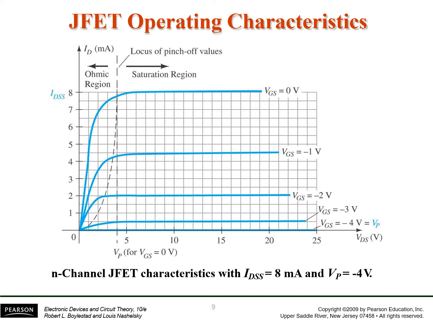And if we further increase the negative voltage between the gate and the source to -4 volts, the current remains at 0, and it does not pick up at any point, whatever the value of VDS is. We keep on increasing the value of VDS, but the current remains at 0. That particular value of VGS is called VP, or the pinch off voltage. Here in this case, the pinch off voltage is -4 volts and the IDSS is 8 milliamperes.